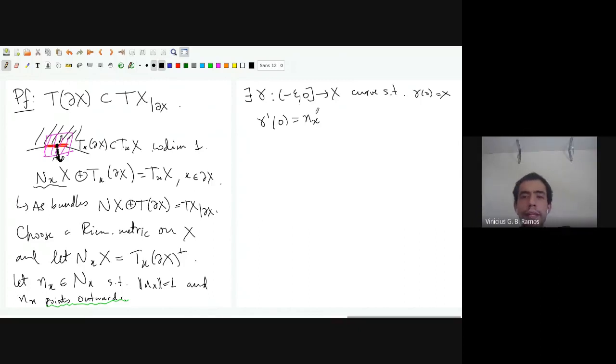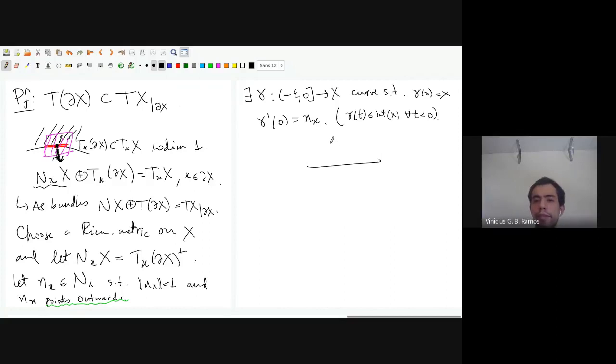Well, to be completely precise, if you don't assume that it's in the normal bundle, for just pointing outwards you would also want to assume that gamma of t is contained in the interior of X for every t less than 0.